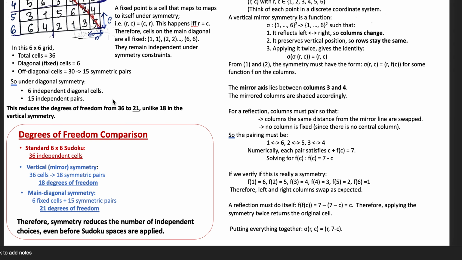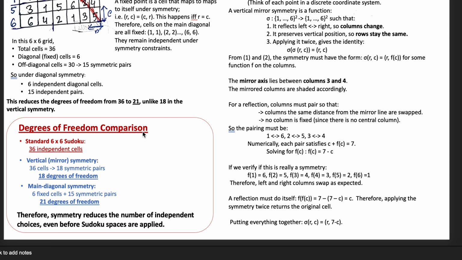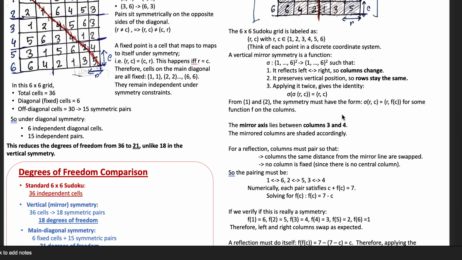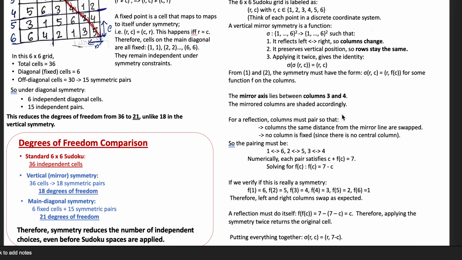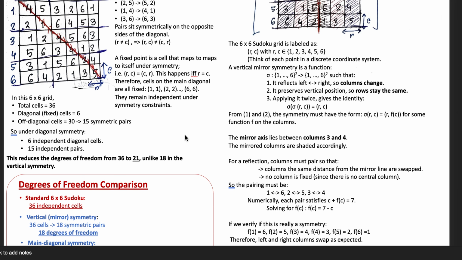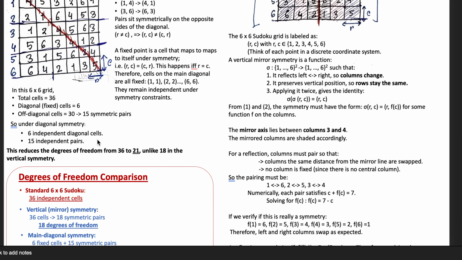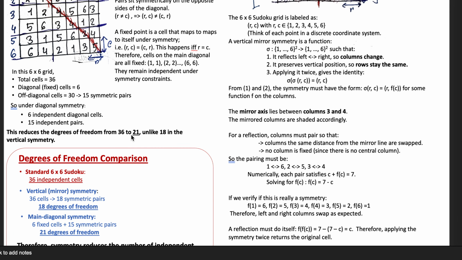So in conclusion, out of the 36 independent cells of the 6 by 6 Sudoku, with the vertical mirror symmetry this reduces to 18 symmetric pairs, therefore 18 degrees of freedom. With main diagonal symmetry, there are 6 fixed cells and 15 symmetric pairs, and that gives you 21 degrees of freedom.